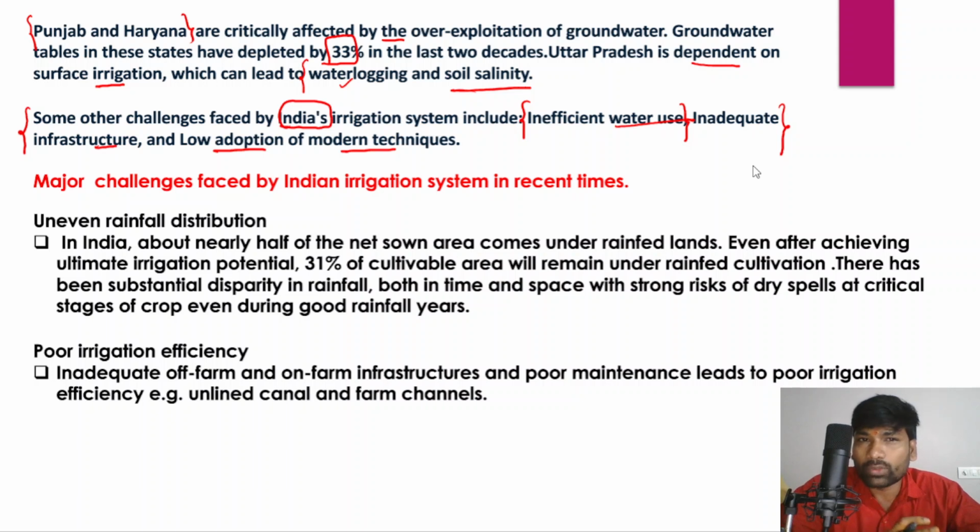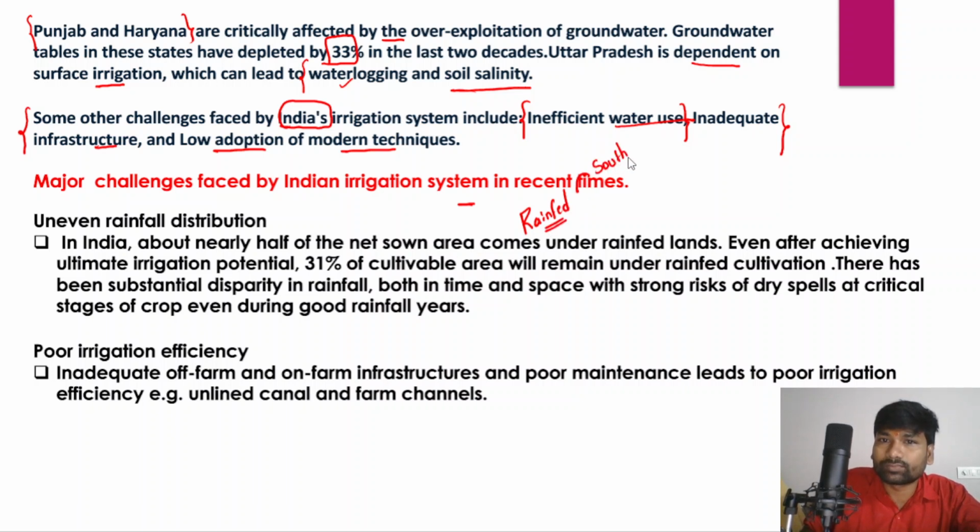When we talk about the Indian irrigation system, I've already told you that it is predominantly rain fed, and it depends on both the southwest monsoon as well as the northeast monsoon.